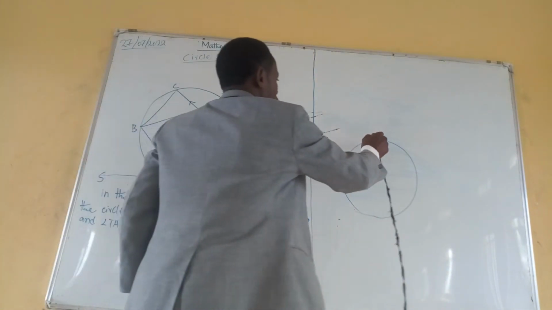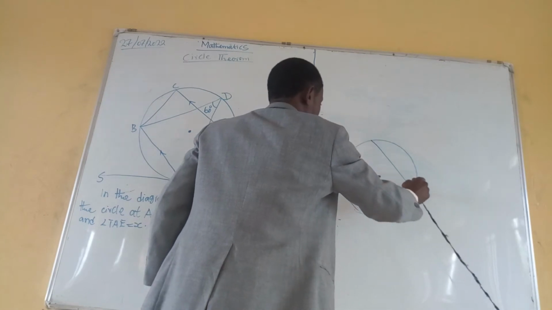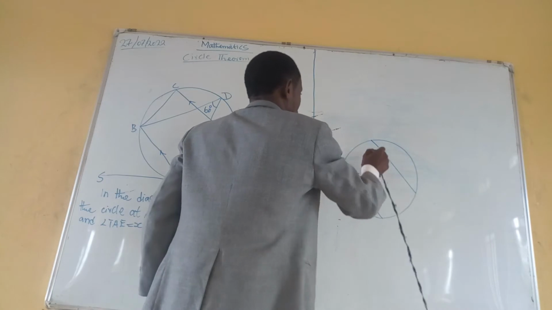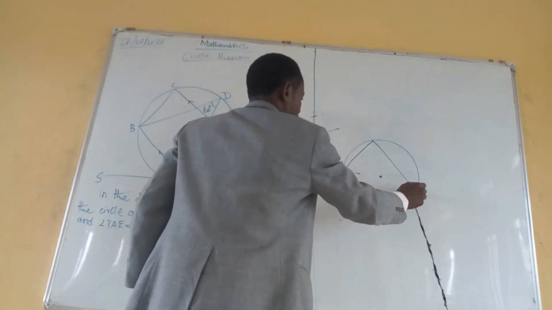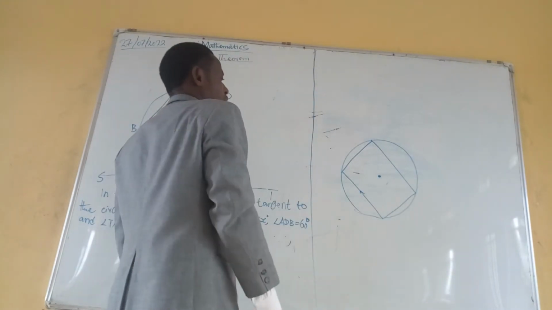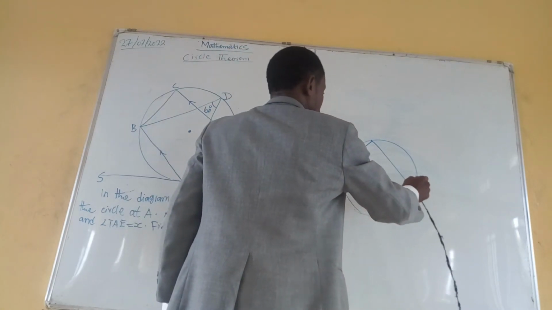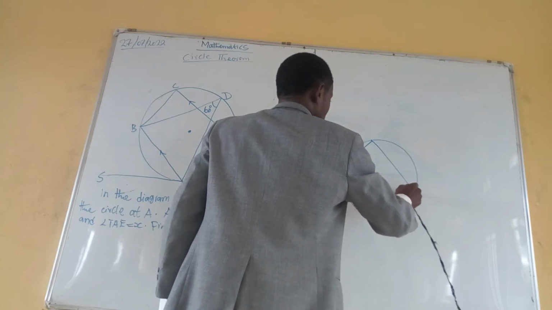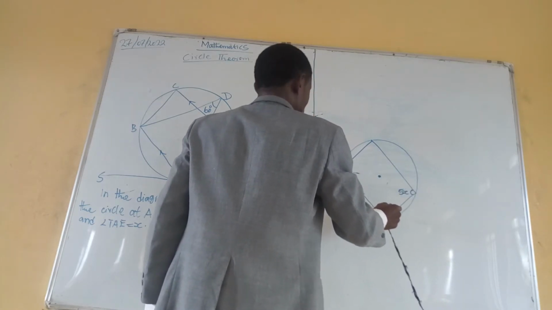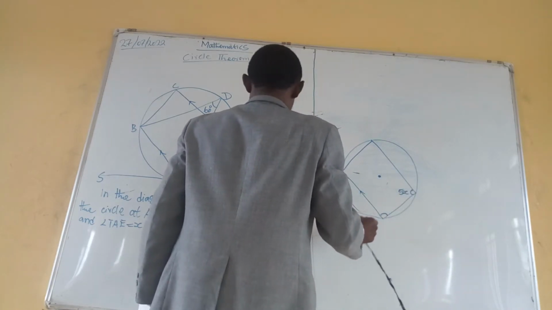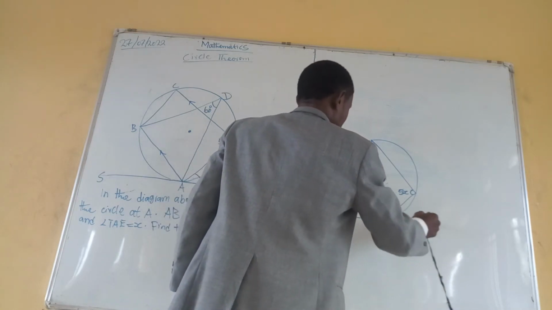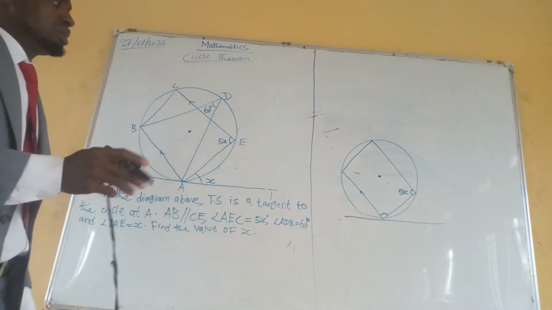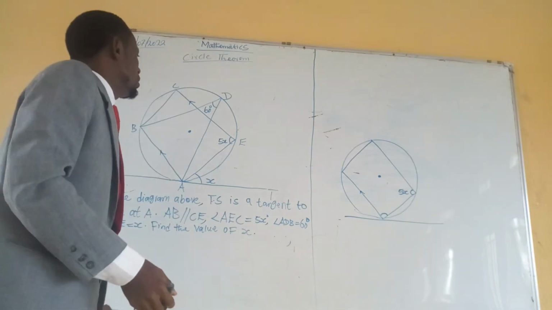Then these two lines are parallel to each other. Let's join them this way. We want to find this angle here. This one is given to us to be 5x. This one we don't know. This is a straight line. I'm trying to remove so many lines so that we can quickly solve this problem.